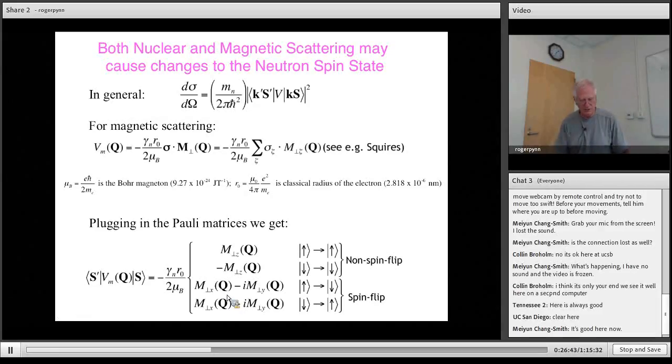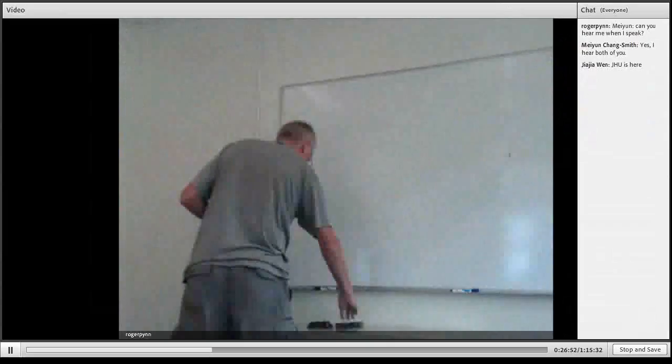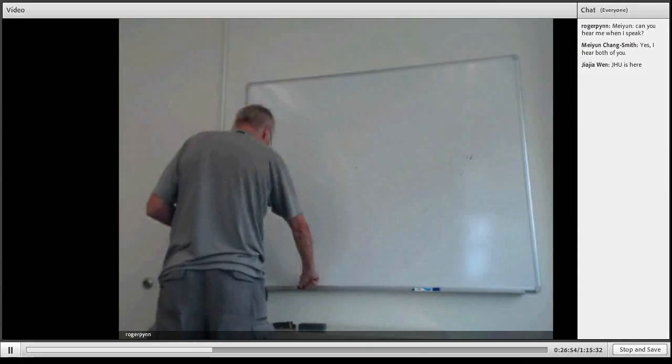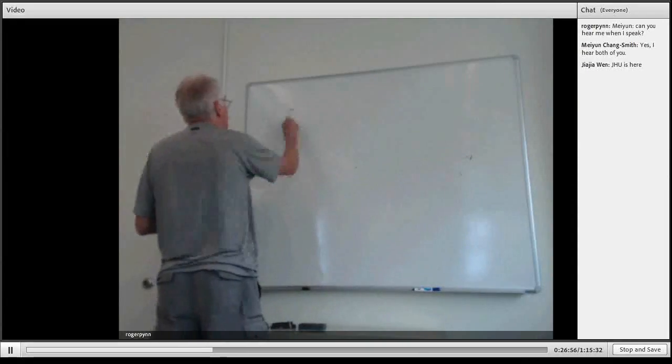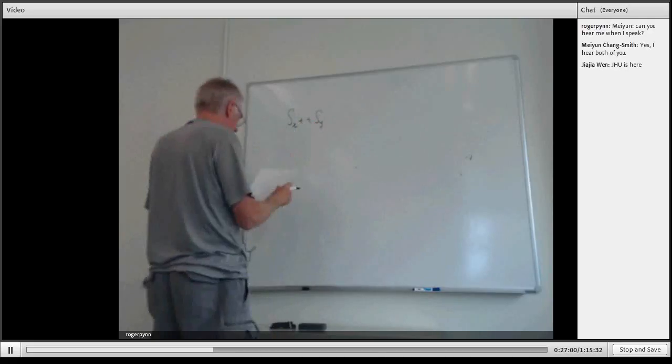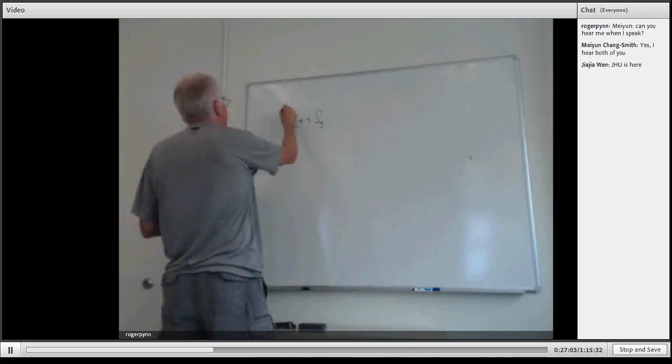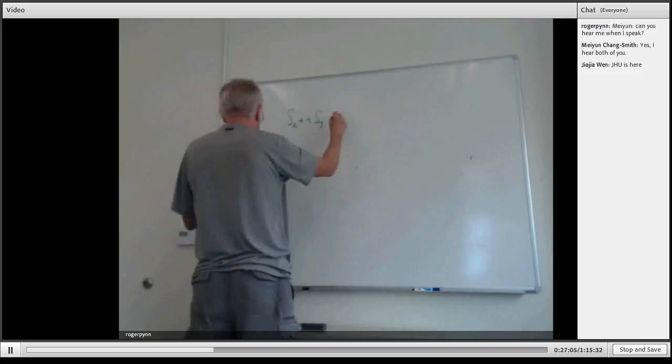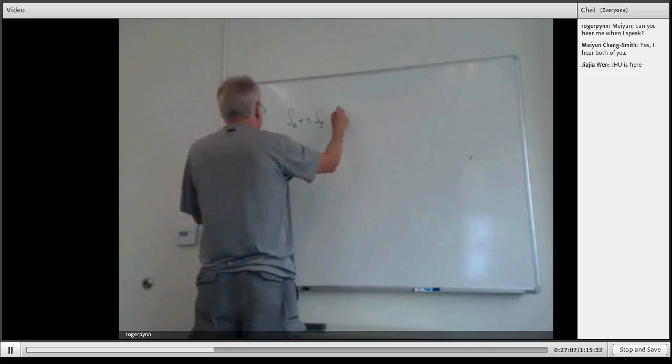If you look at an operator, let's look at this for a second here. Supposing you look at an operator like Sx plus iSy, and you look at what that does to one of these spin states.